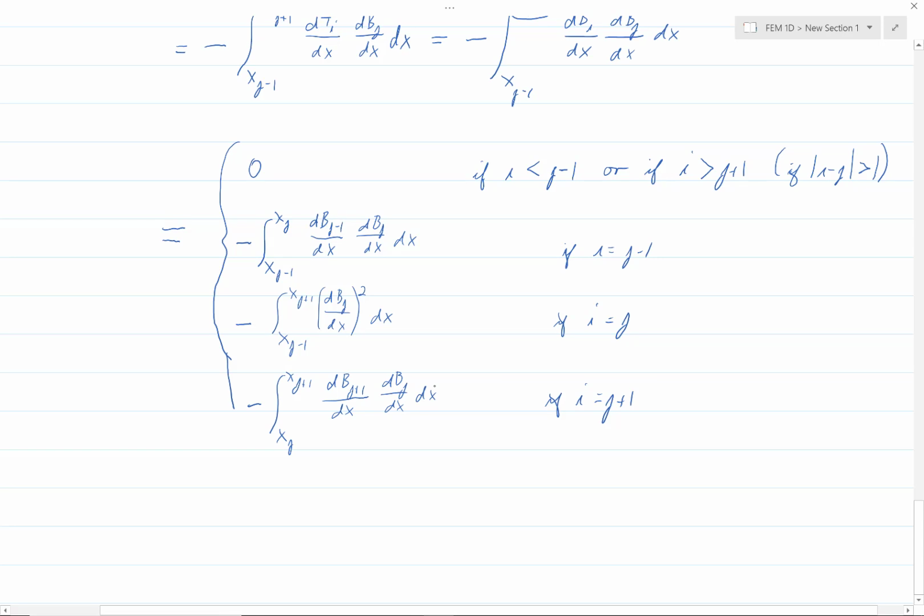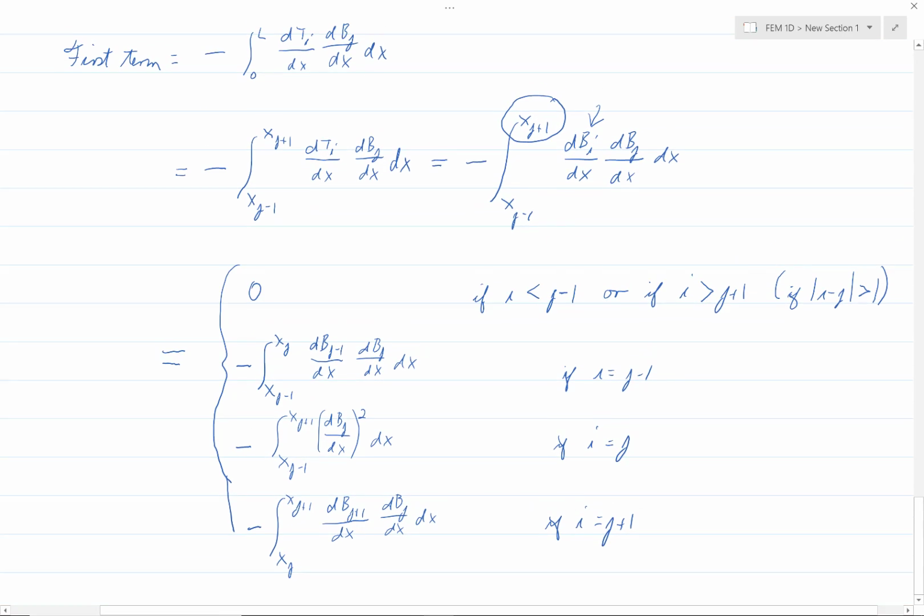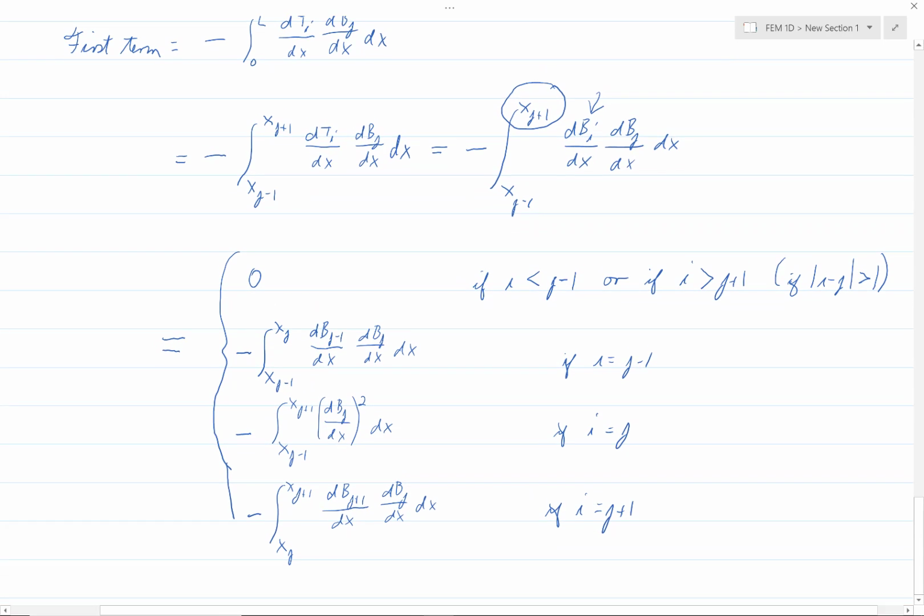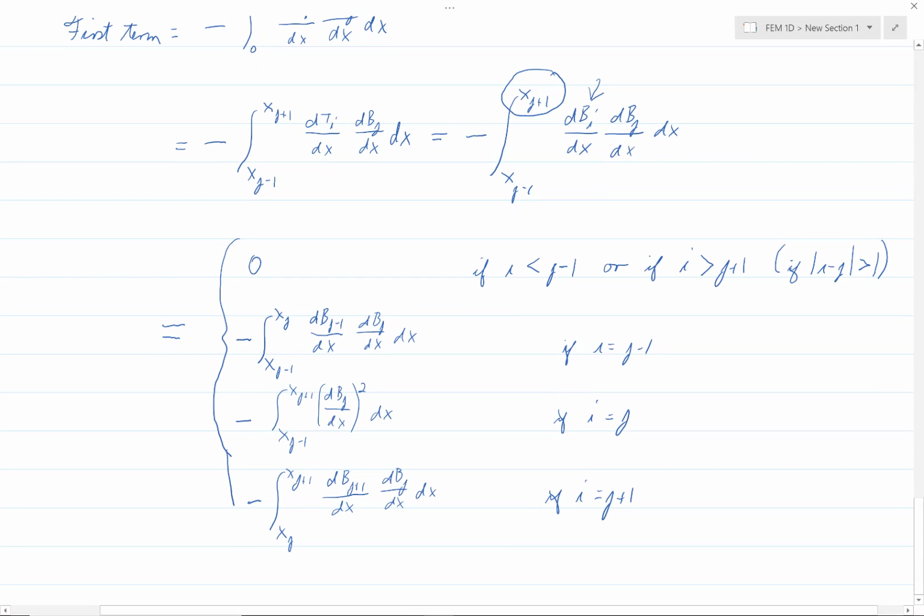So these are the 5 different cases, or actually I guess you could consider it like, well, I say 5 now because we have i less than j minus 1, i greater than j plus 1. Those are 2 cases. And then these 3 cases, i equals j minus 1, i equals j, and i equals j plus 1.